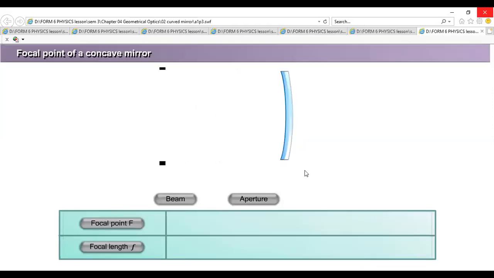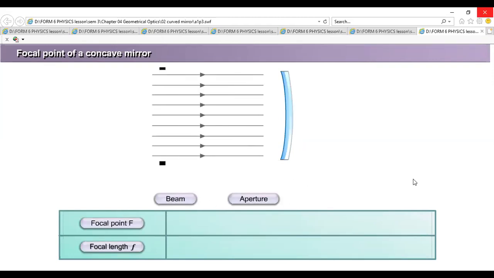Next, let's look at a series of parallel light beams which pass through an aperture. Aperture means a slit, and the light is reflected by the curved mirror. We notice that the light rays are reflected at different positions.